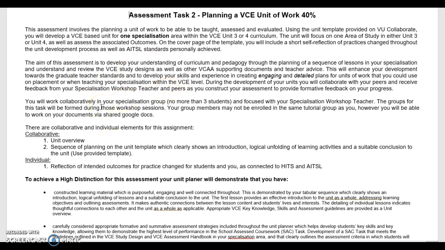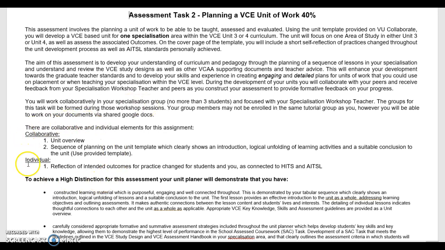The groups are going to be formed during those workshop sessions. So if you're absent for whatever reason, you need to be in contact with the specialisation workshop teacher as soon as possible. Now, we understand that your group members may not be enrolled in the same tutorial group as you, but you can work on documents via shared online platforms such as Google Docs.